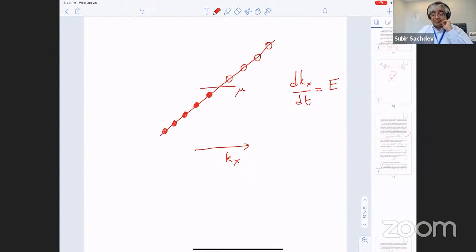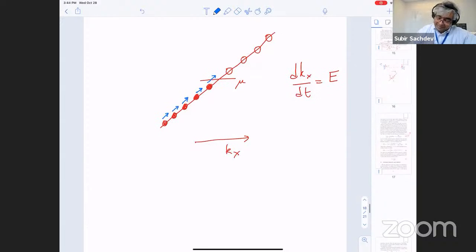This is just dp dt equals F. All right, so what's going to happen is that all of these occupied states are going to move uphill. And after a little while, this state will be occupied. Maybe a few more states will be occupied.